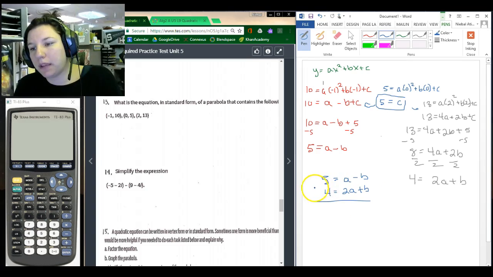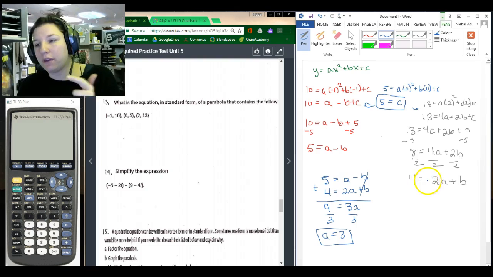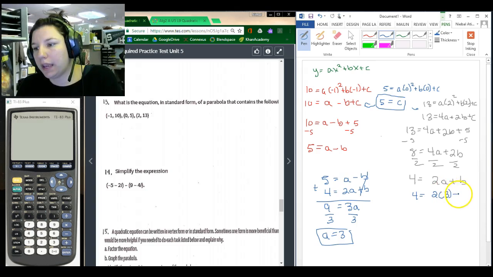It's already set up nicely that if you combine them, you get 9 equals 3A. The B's simplify to 0. So I have A is equal to 3. And I've got A, I've got C. Let's go back and let's use this one here. I know what A is now.